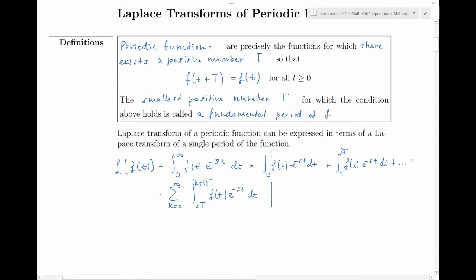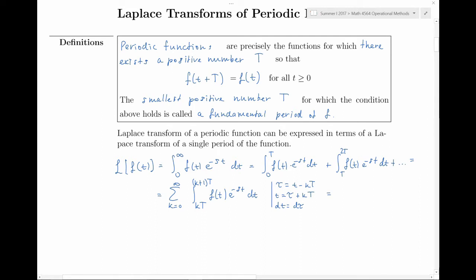I'm going to say that tau is going to be t minus kT. In other words, t is tau plus kT. Then dt is the same as d tau. And every integral now has limits from 0 to T.